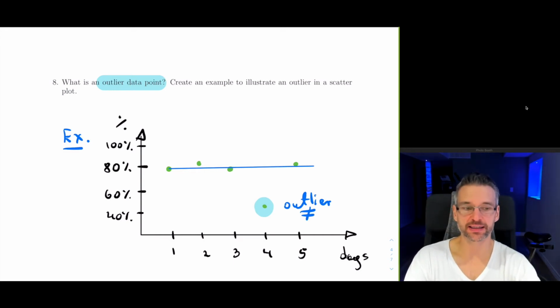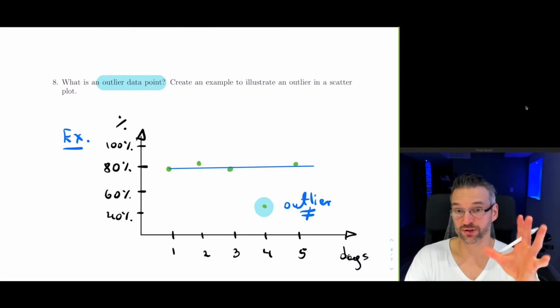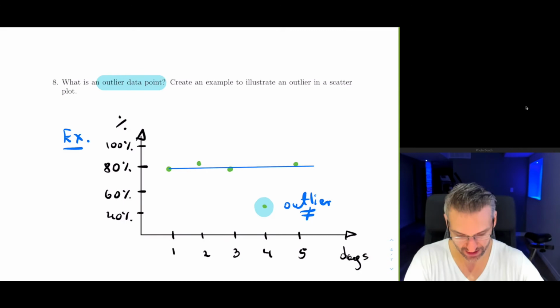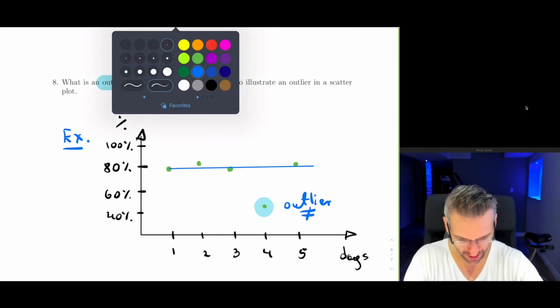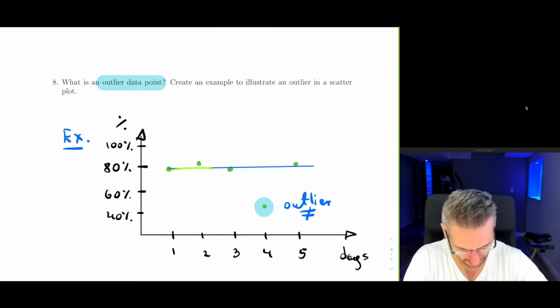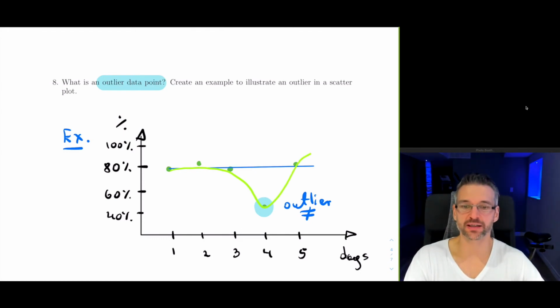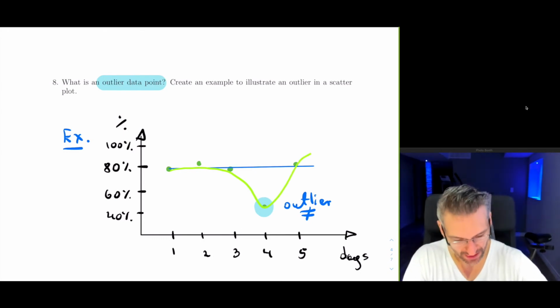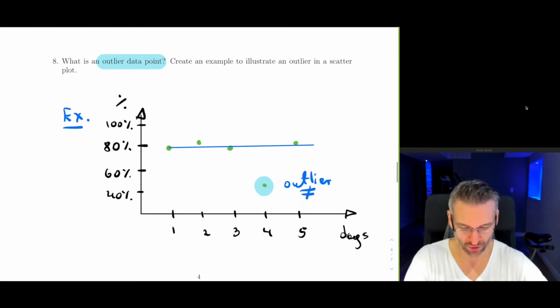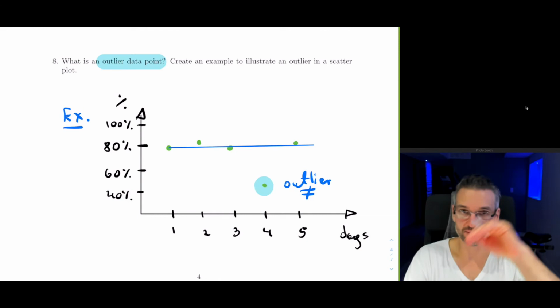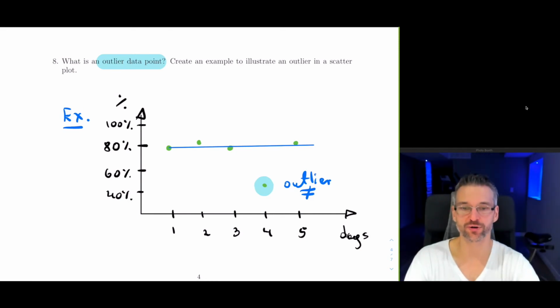Now, typically outlier points just from 5 would be very difficult to tell, because someone can say, well, wait a minute, maybe they didn't know much about basketball and they kind of drew it like this. So typically we need quite a lot more data than just 5 points, and then we can tell if it's an outlier point or not.